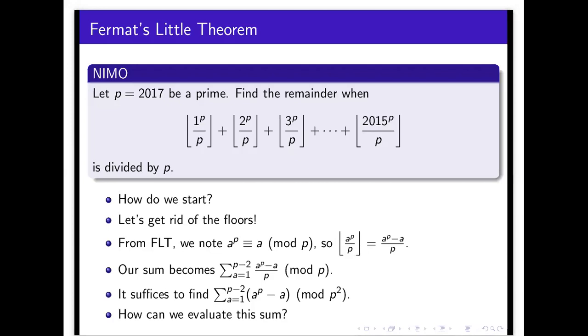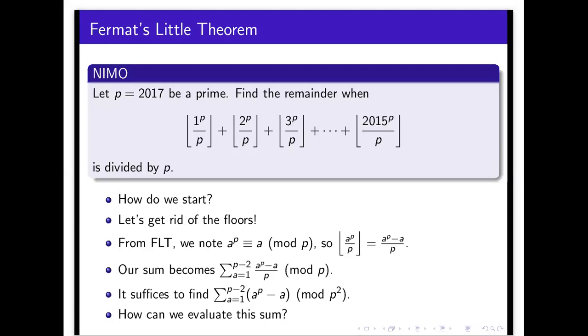So I think one idea someone said was to factor out a and then write it as a to the p minus 1 minus 1. But the reason this is not very useful is that we're working mod p squared.